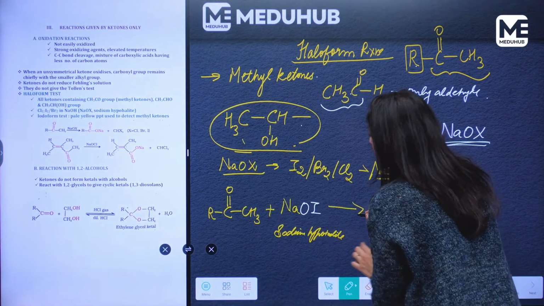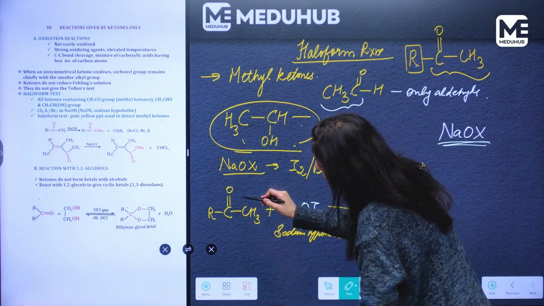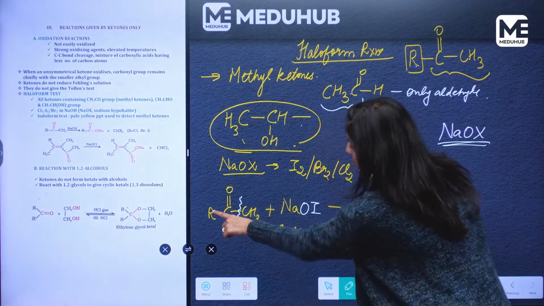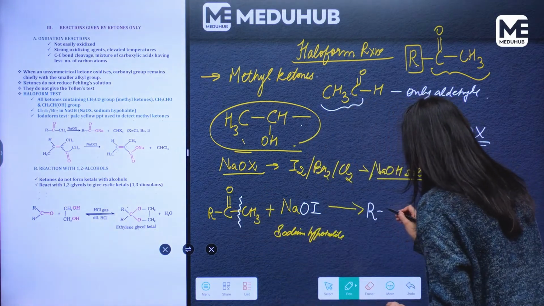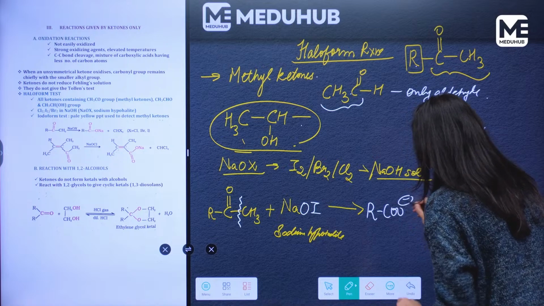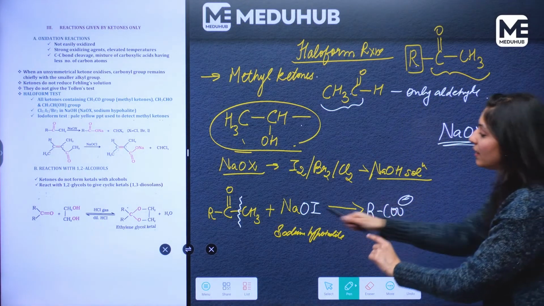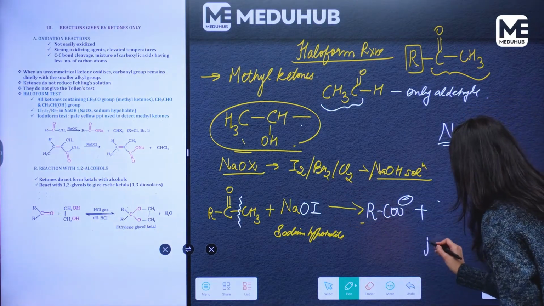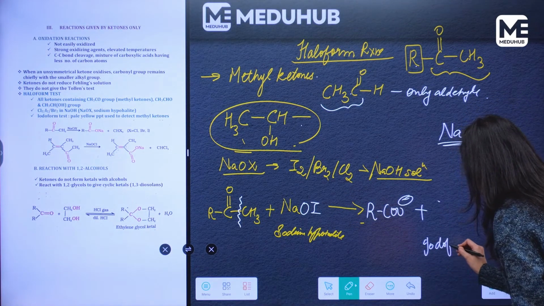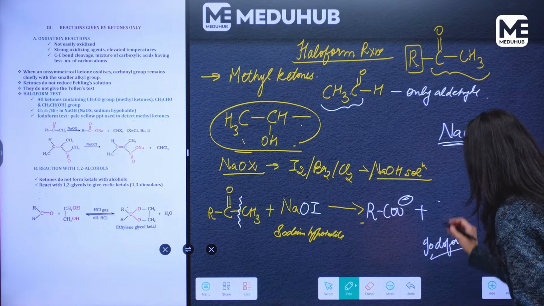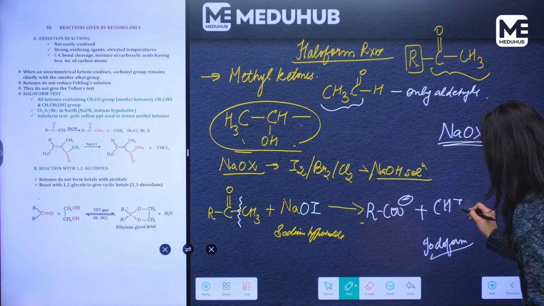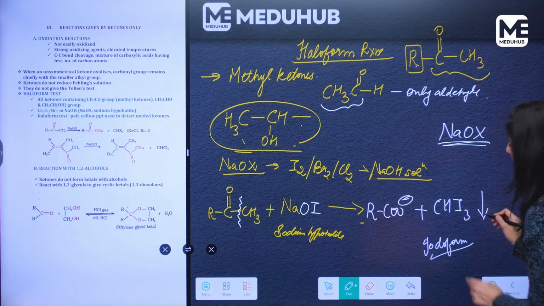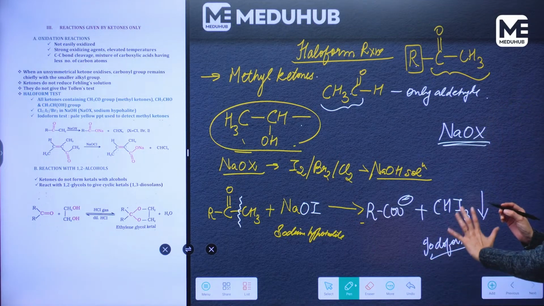This part will get oxidized to the corresponding carboxylate ion or COO minus, and we will get haloform or iodoform here as the precipitate, CHI3. Iodoform will precipitate, which is pale yellow in color.